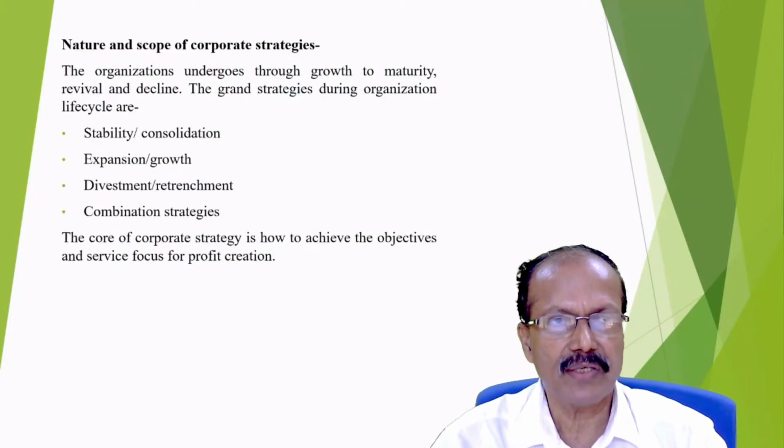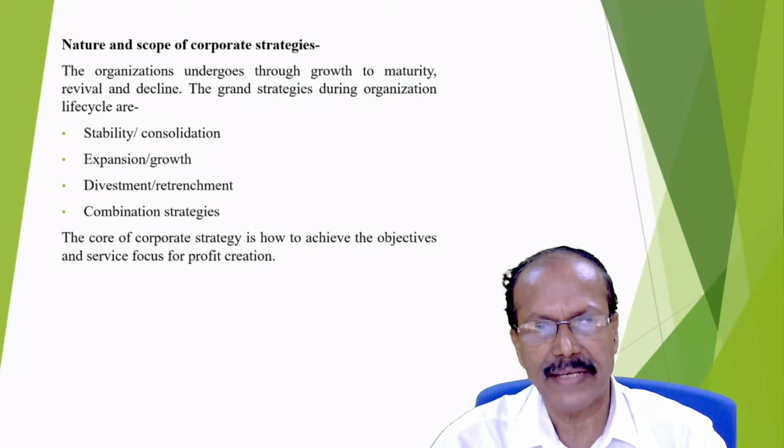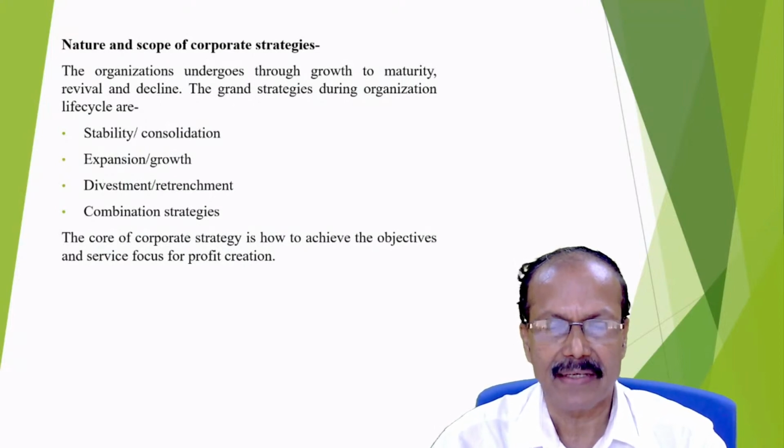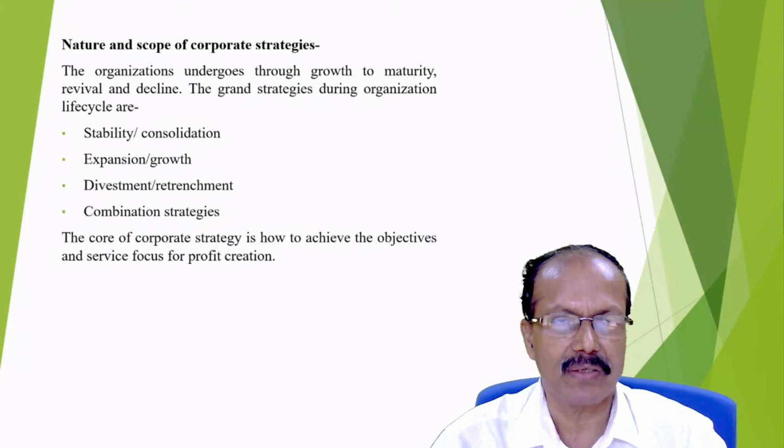When you discuss the nature and scope of corporate strategy, organizations undergo growth, maturity, revival, as well as decline. These are the grand strategies during the organization's life cycle. It is similar to the concept of the product life cycle.